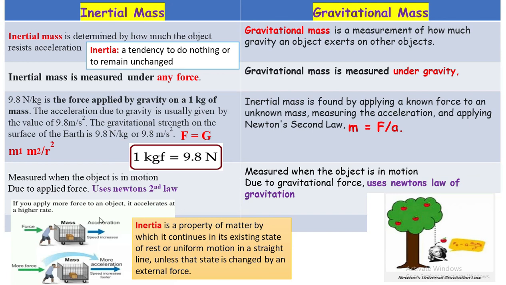So here the man is applying some force to an unknown mass, whereas in the gravitational case the force is applied in terms of gravitational force. In the case of inertial mass, the human has to give some force, whereas in the case of gravitational mass there is no human involvement; nature plays that role, that is through G.